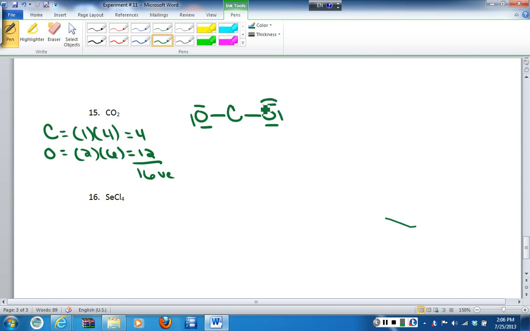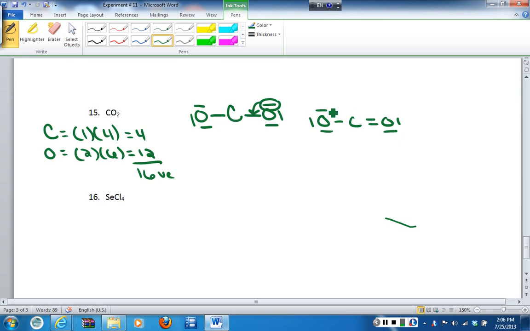So I know I need to form a multiple bond. When I do that, I now have a double bond between one of the oxygens. I've used 16 of my valence electrons, both oxygens have an octet, but my carbon still does not have an octet. It only has 6.